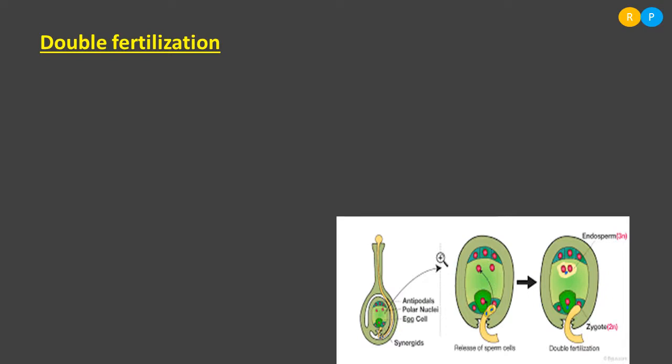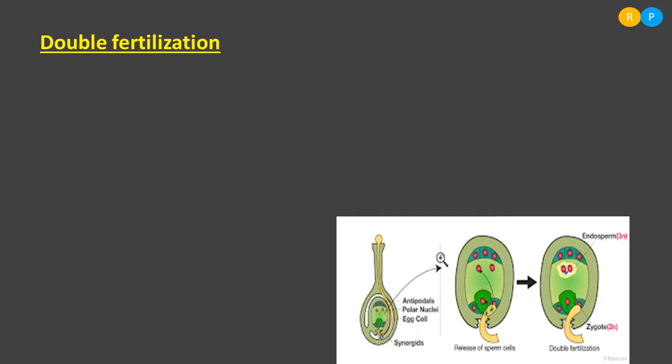The pollen tube from the pollen grain carries the male gametes towards the female gametophyte. As soon as the pollen tube reaches the female gametophyte, it discharges its content there. Understood? As a result, 2 male gametes are released into the female gametophyte. You can notice the pollen tube carrying 2 male gametes.